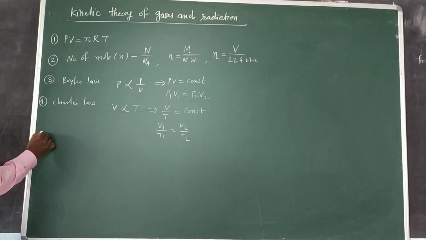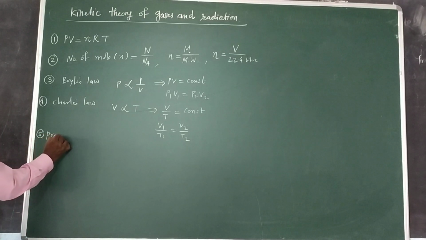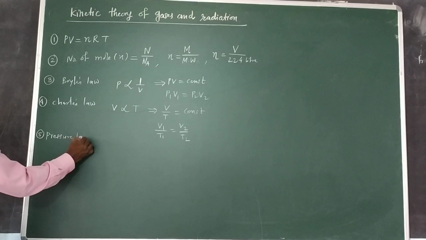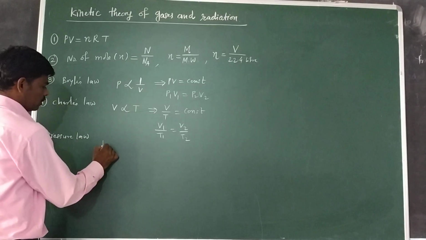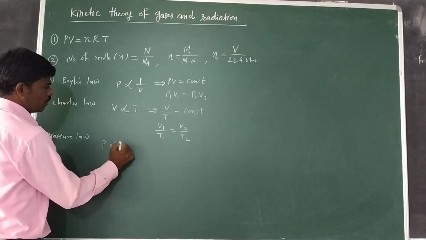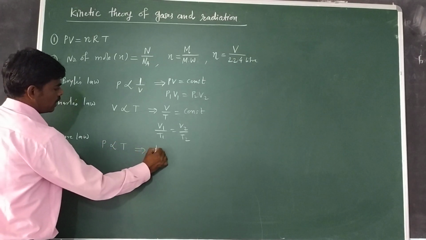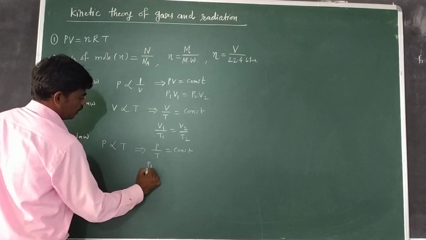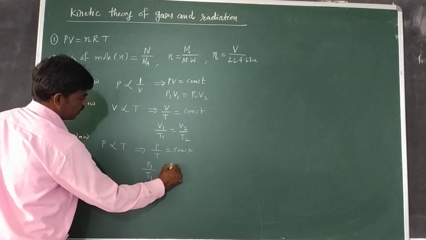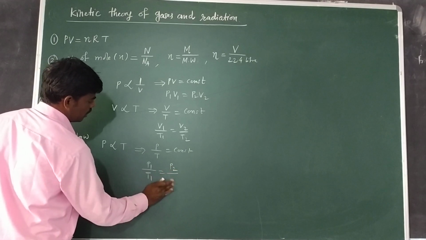Then pressure law. According to pressure law, at constant volume, the pressure of a gas is directly proportional to temperature. That is, P by T is equal to constant. P1 upon T1 is equal to P2 upon T2.